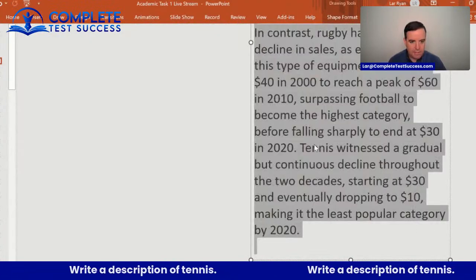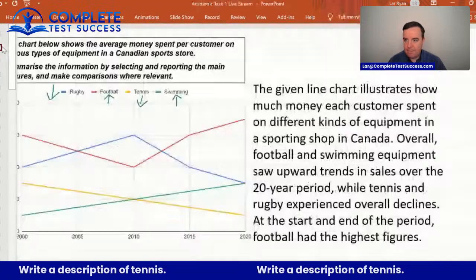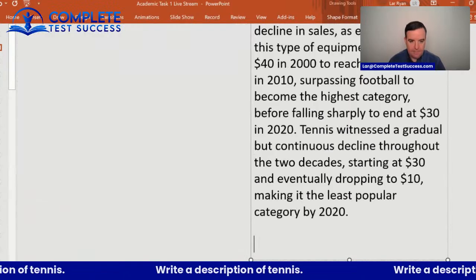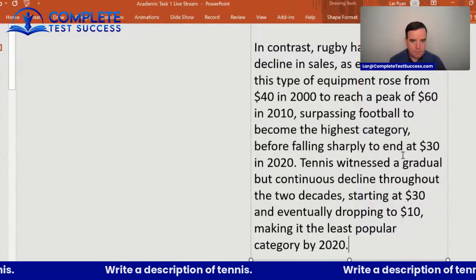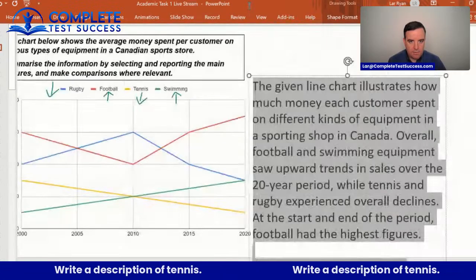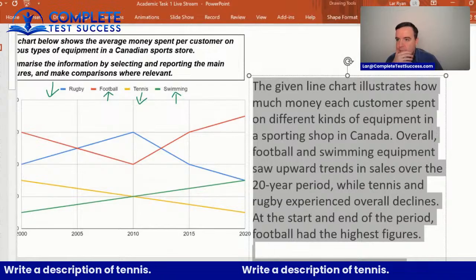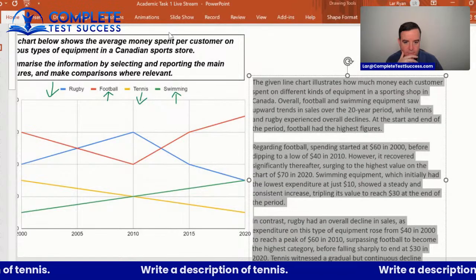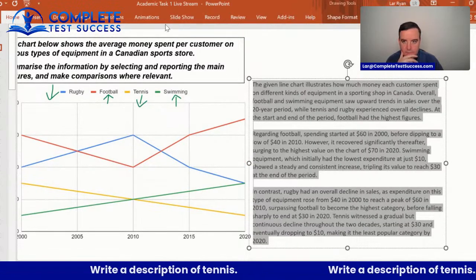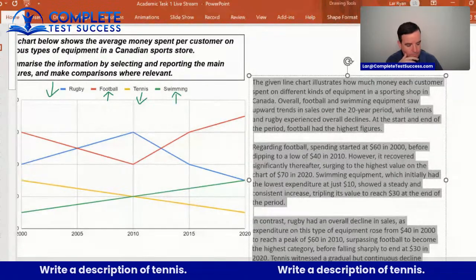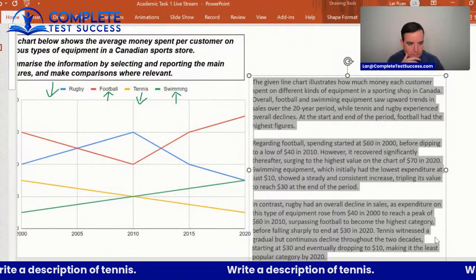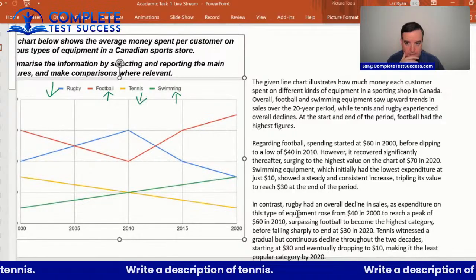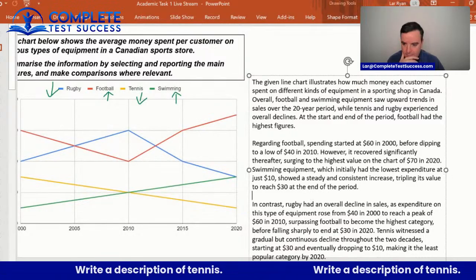Okay. So what I'm doing now is I'm taking everything we've written and I'm going to try and put it all on the same page just so you guys can see it all together. I know this is a little bit messy the way I'm doing this, so bear with me. Just to give you an idea of what that would look like on its own. Okay. So that then is our full essay.